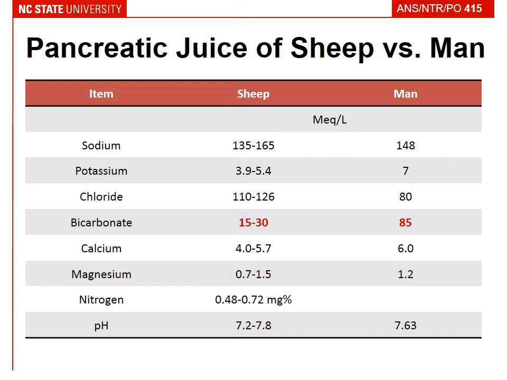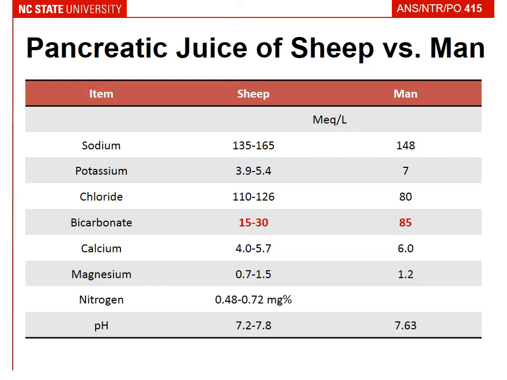So next we have this table showing the difference between the composition of the pancreatic juice of ruminants, or a sheep specifically, versus a man. Most notably, I want you to pay attention to the bicarbonate.